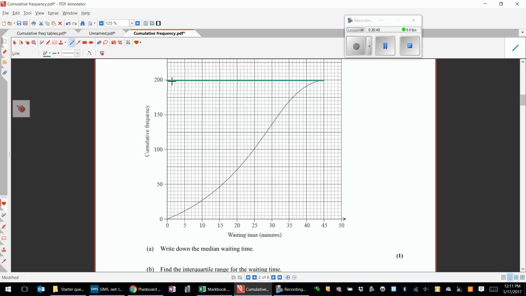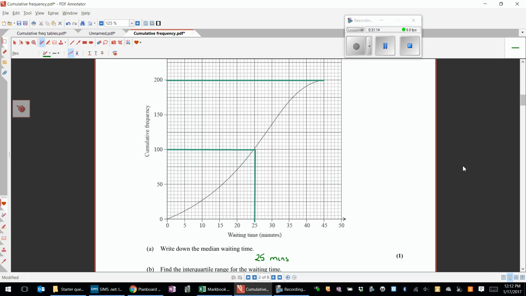So the median would be at which value? 100, so we go from 100 across, it's a nice and exact one, this one, and then we read down. So I would say, probably not likely to be an awful lot of leeway on that one, so the answer would be 25. 25 minutes.